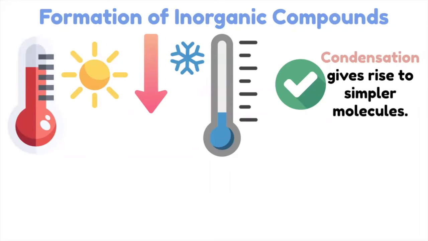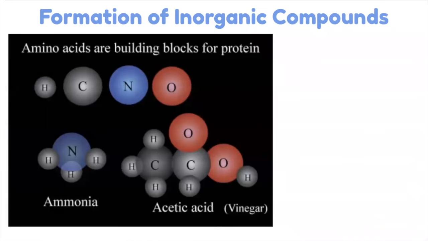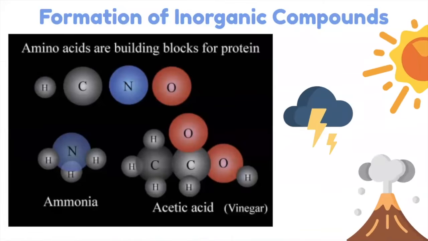The elements most abundant on the primitive Earth are hydrogen, oxygen, nitrogen, and carbon. The reaction of these elements gave rise to gases such as hydrogen, nitrogen, ammonia, methane, carbon dioxide, and water vapor. Now, the energy for these reactions was provided by sunlight, lightning, or volcanic eruptions.